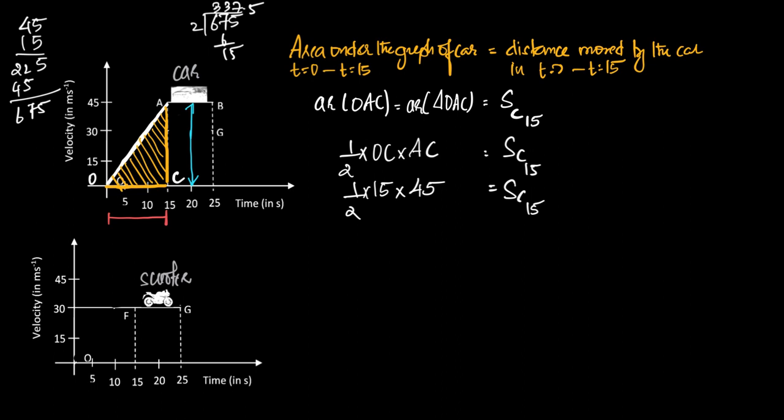So what we get is the distance moved by the car is 337.5 meters. So this is one part of the answer. It would be better if you highlight it. The distance moved by the car is 337.5 meters.